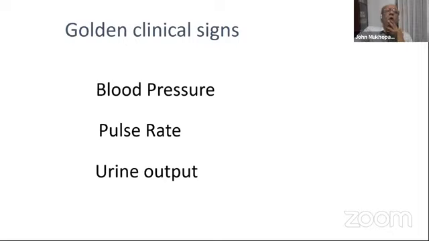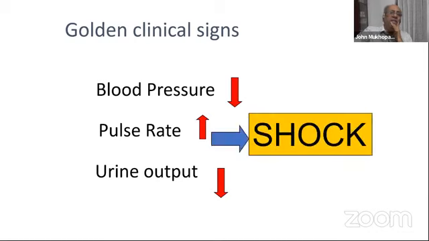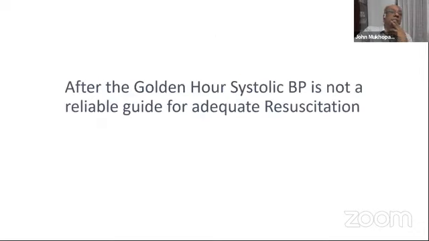Now, we all know the golden clinical signs of shock, that is hypotension, tachycardia, and oliguria. So when these three are present, we can all diagnose shock. However, in a young patient, especially a young fit patient, after the golden hour, the systolic blood pressure is not always a reliable guide for adequate resuscitation.